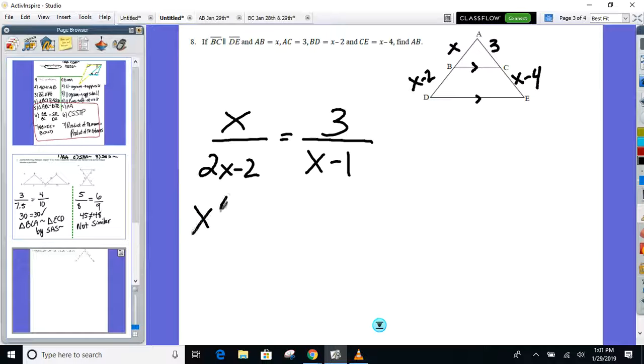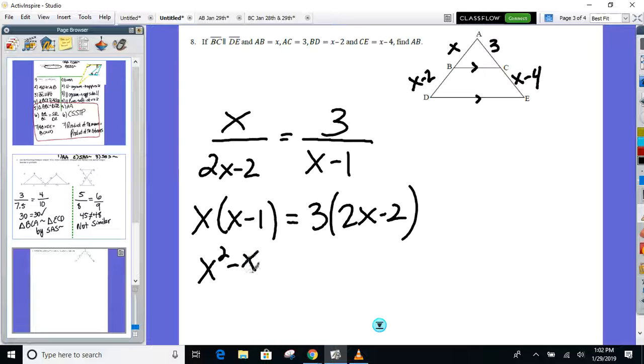So you have x and x minus 1 equal to 3 and 2x minus 2. Hopefully we can handle this distribution. X squared minus x on the left, and on the right, 6x minus 6. I'll give you a minute because one side's got to be equal to 0.